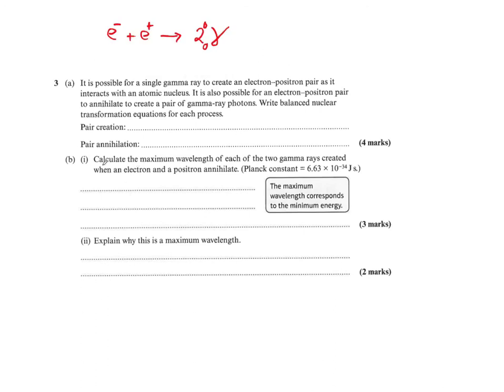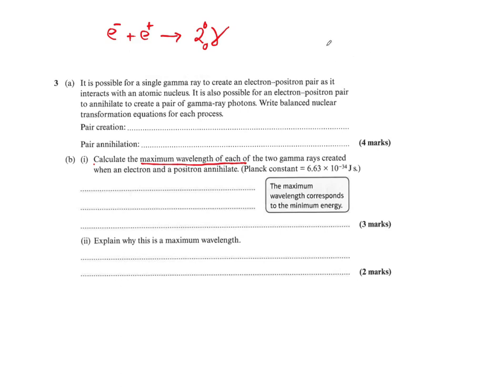Right, we have to calculate the maximum wavelengths for each of the 2 gamma rays created. The gamma rays will each have the same energy, and therefore they would have been created from the energy from the mass of one of these electrons.